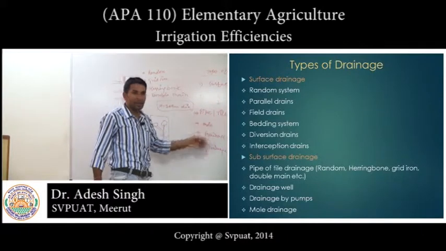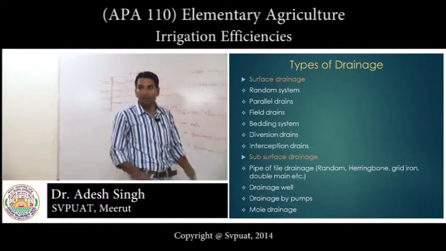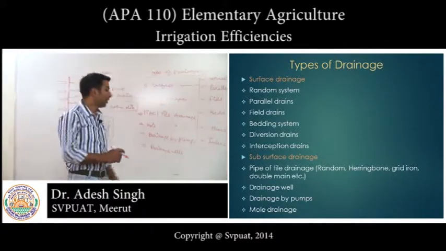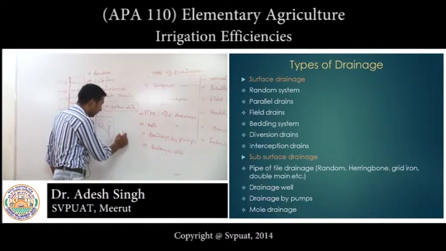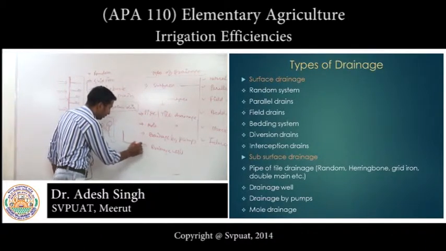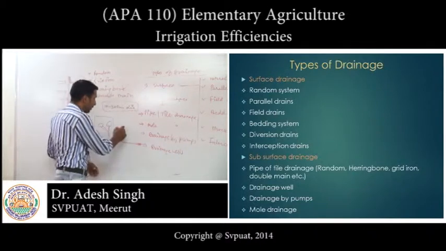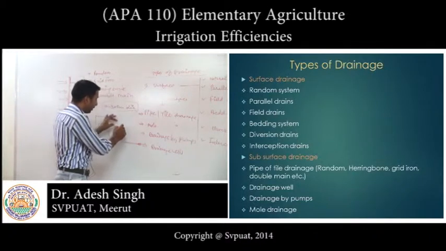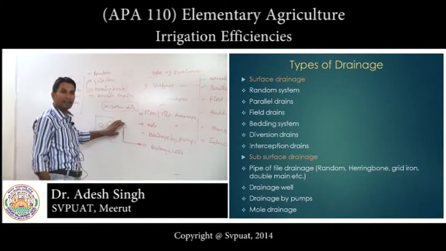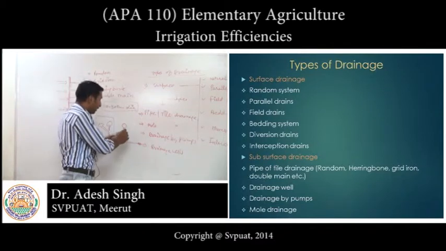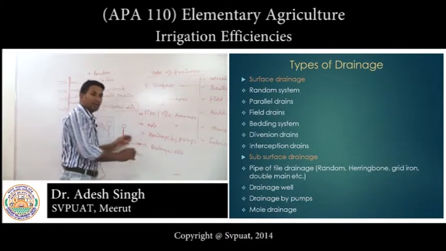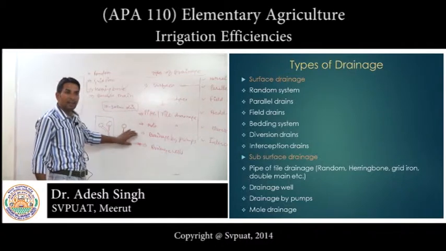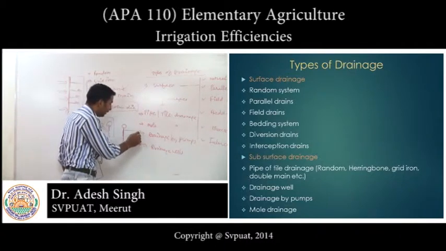In case of mole drainage, mole flow is there. Suppose this is the share and it is attached to a tractor. So this will construct the channel. Suppose this is the soil surface.